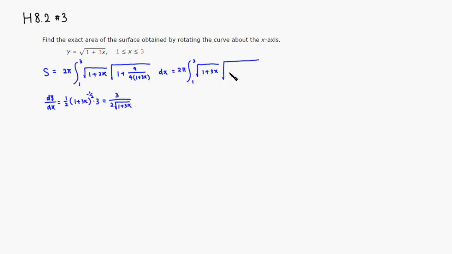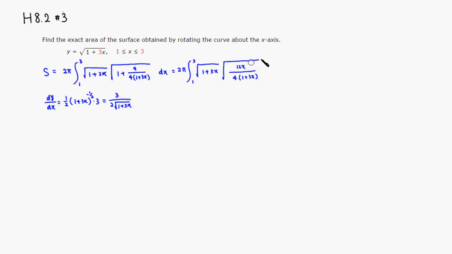So it looks like we're going to have 4, then you have 1 plus 3x, so that's going to be 4 plus 12x, and then plus 9. Actually, can I combine the 9 and the 4 together?